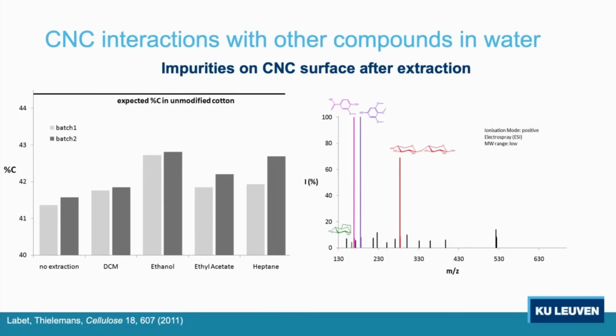If you start successively extracting them with different solvents, and we did a whole bunch of different solvents other than these, then you see that you start extracting species which are not cellulose, and you get closer. Ethanol is the best one we found. You don't get perfect. We'll come to that.